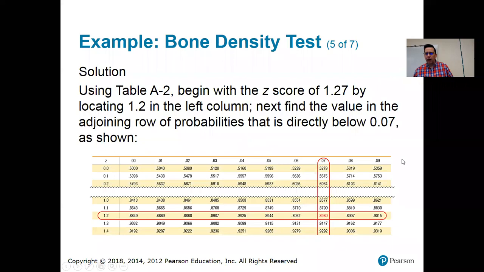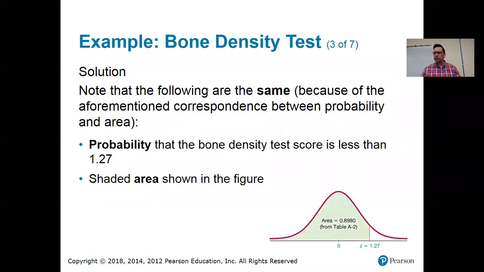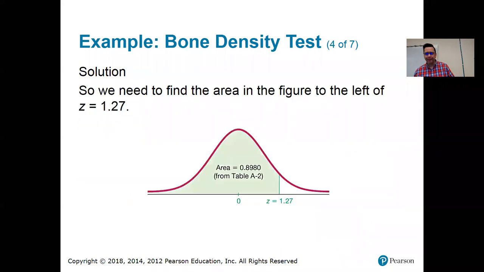All right. So again, here's the table. They've cut out just the part of it that we need. Okay, so there's 1.27. There's the area of 0.8980. So that area to the left of z equals 1.27 is 0.8980, and that's also going to be our probability. The area is the probability.